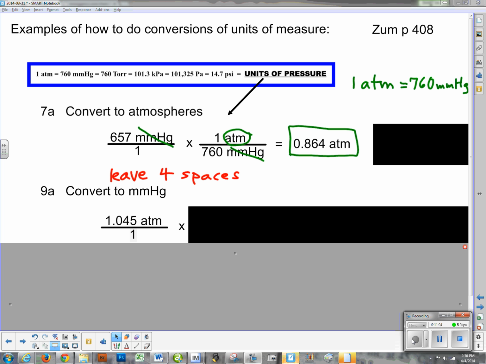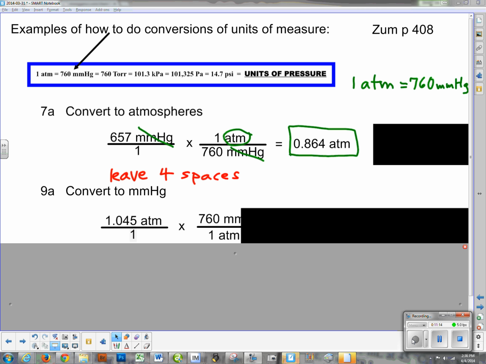What are we converting to? Absolutely. So, we're going to that guy. And that's what will be on the top. And that's all there is to it, folks. Just cross it out. How is this different from the first problem? Look. Yeah. As you see, this fraction and this fraction are upside down.